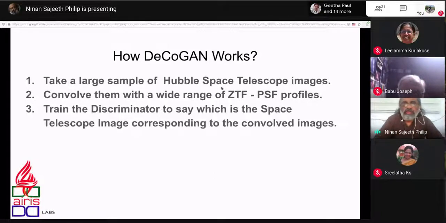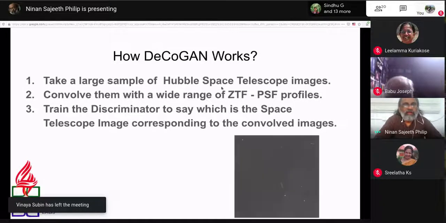So the procedure is as follows. We take a large sample of Hubble Space Telescope images, then convolve them with a wide range of PSF functions from the Palomar Observatory. Then we train the discriminator to say which is a space telescope image corresponding to the convolved images.